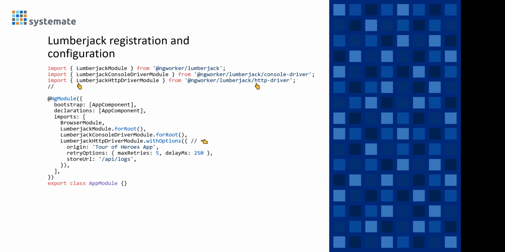Similarly, we have the HTTP driver here, and if you look at the highlighted part with the module, it says withOptions. So it has some required options, the origin, some retry options for retrying the HTTP calls or requests if they fail, just to have a somewhat realistic implementation.